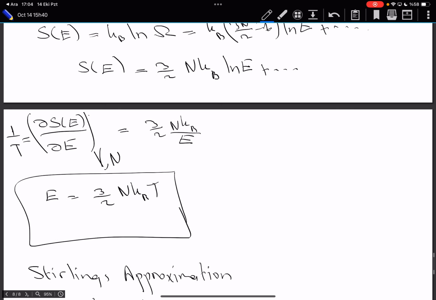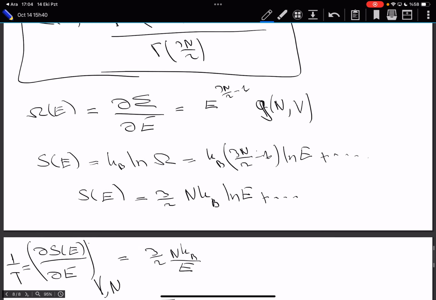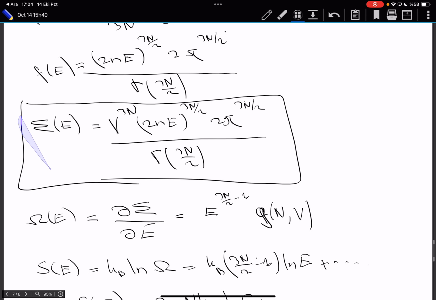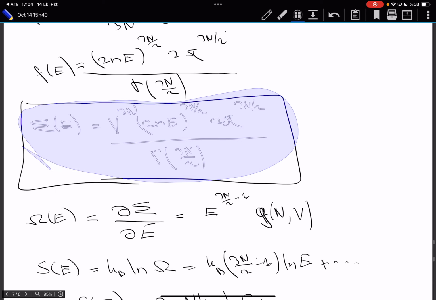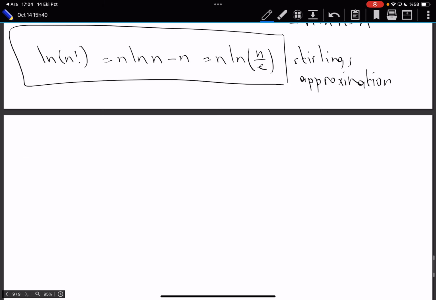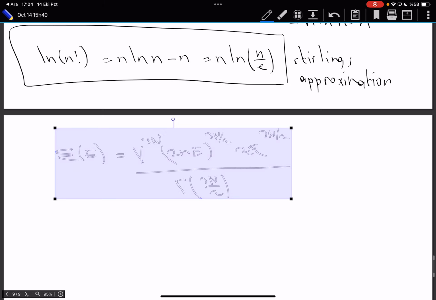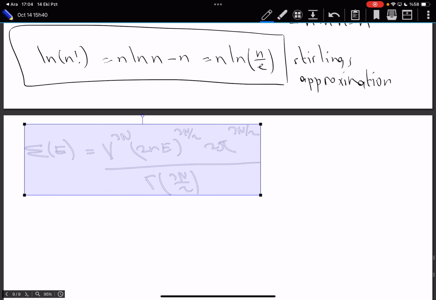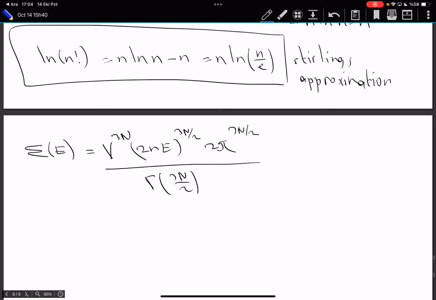Well, let's go back. I already have the expression for the volume of states having energy less than E. Gamma of 3n over 2 is 3n over 2 minus 1 factorial.